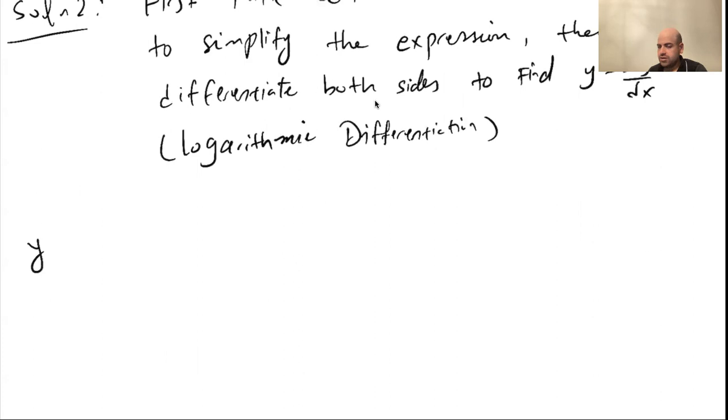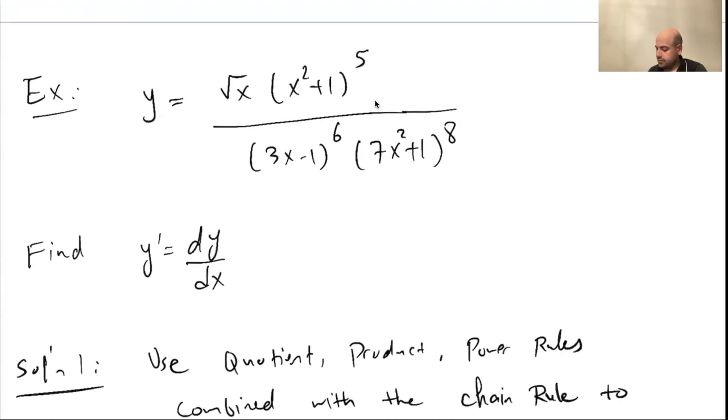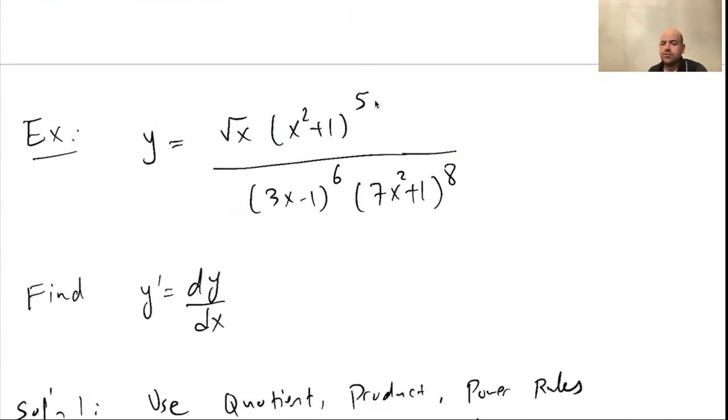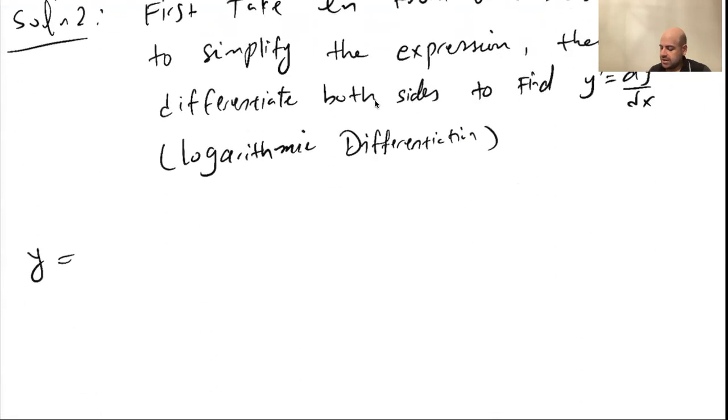Okay, so what is our function? y equals root x, okay, we have y here. Let me not repeat it. Now we are saying that in logarithmic differentiation, first take ln from both sides and simplify it using logarithm properties. Then differentiate both sides. So if I take ln from both sides, left-hand side becomes ln y.